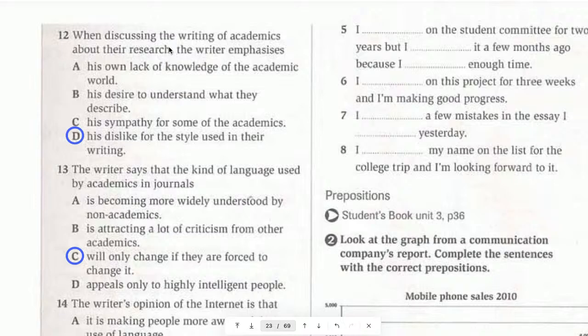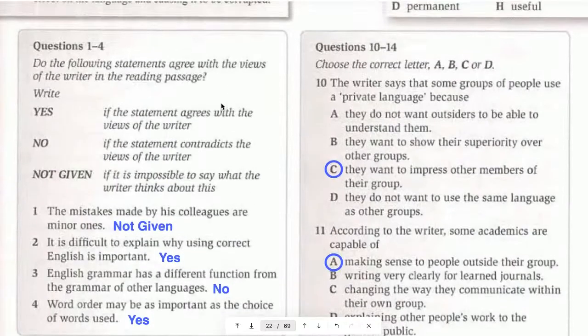Okay, so when discussing the writing of academics about their research, the writer emphasizes his dislike for the style used in their writing. That means that the writer emphasizes that he doesn't like the writing style of some academics in some of their research. Okay? Where can we find information?